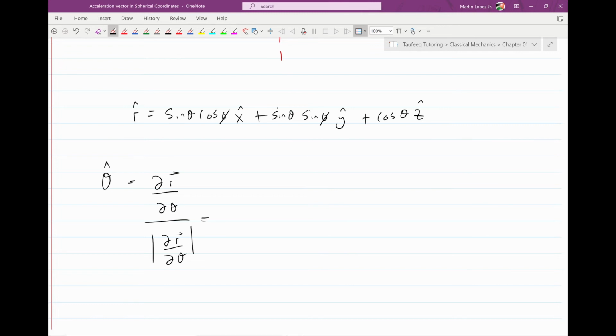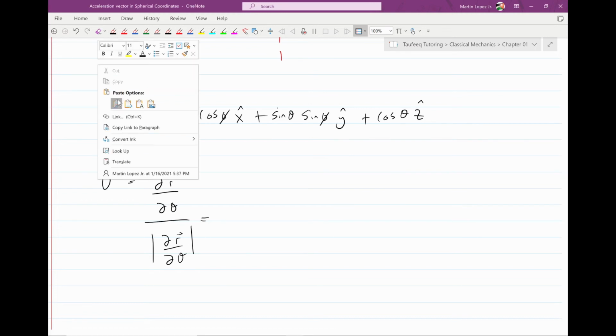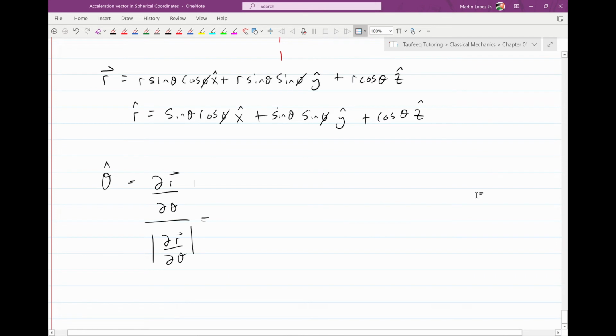So I have this saved over here just so that we can reference it. I have a little clipping thing on the side here. Okay, so that is r. Now, this is going to be r. So remember, r and phi are constant.